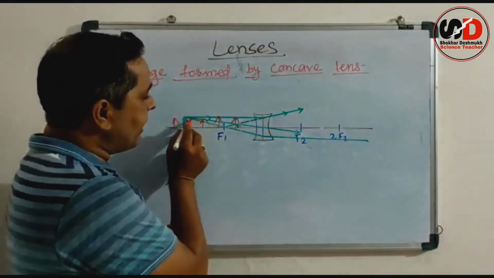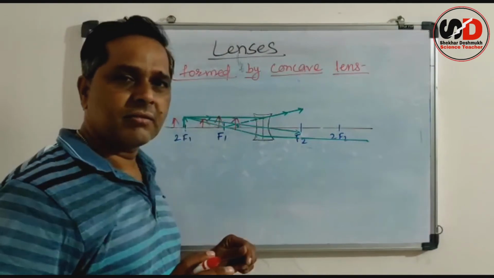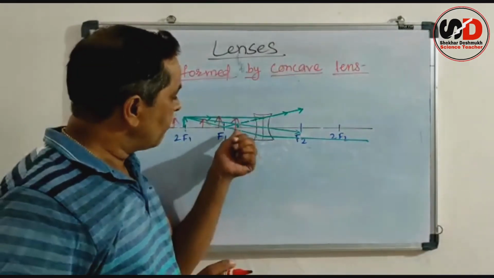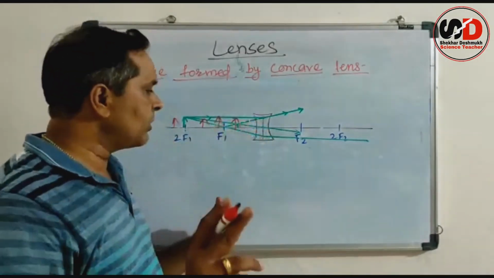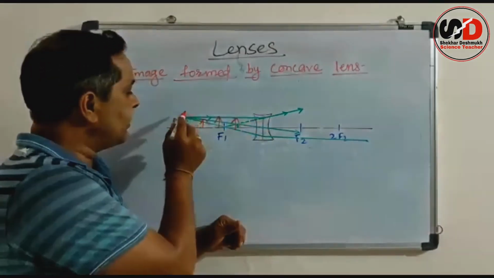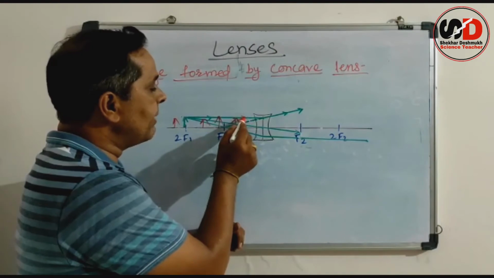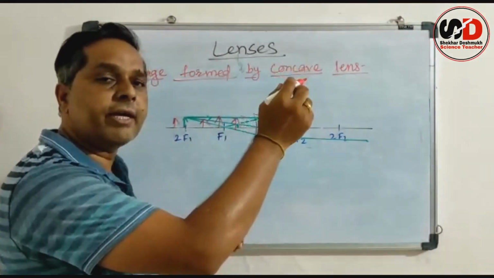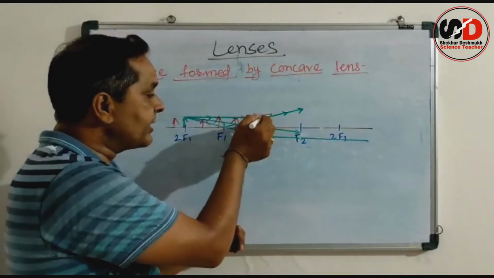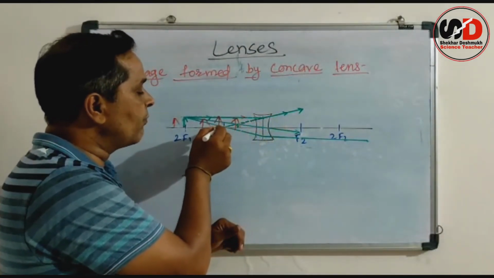We cannot take the light ray passing through focus because the image is upright here. So two rules that we are using. First is a light ray parallel to the principal axis. After refraction, it bends, it goes away, but if we extend it backward, it passes through focus.